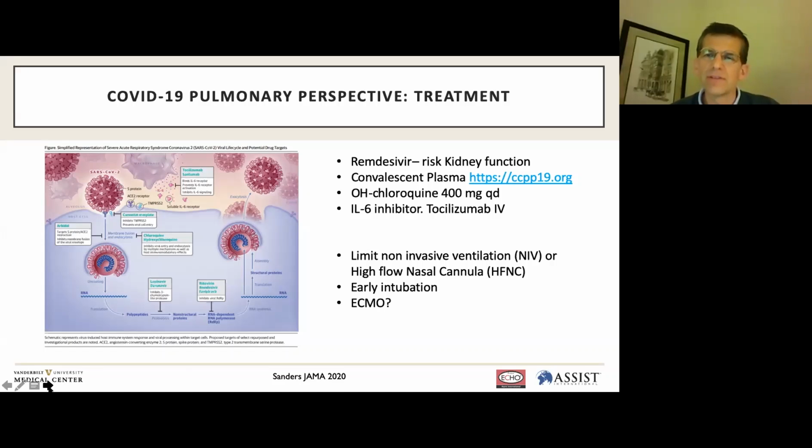of discussions. Now, I have not approached yet the obvious treatment, which is oxygenation of these individuals. There's a lot of controversy also around this field. We try to limit non-invasive ventilation, as we know the open circuit will favor droplet deposition in the environment.